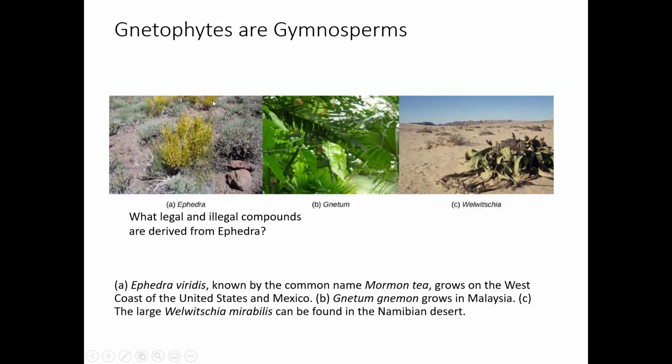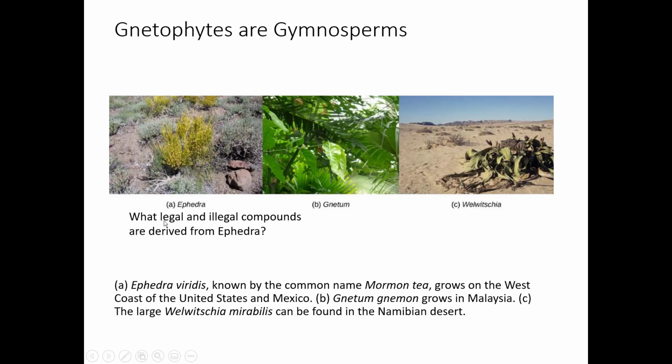But I think what's more interesting are these guys, the gnetophytes, and specifically this one, ephedra. It grows in very dry, desert-like landscapes. There's a legal compound that comes from ephedrine.